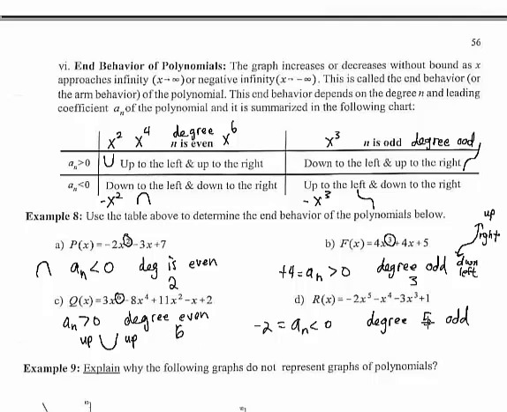And so our degree for capital R of x is 5, and it's odd. However, the coefficient's negative, and so you need to think negative x cubed, and so right would be down and left would be up.